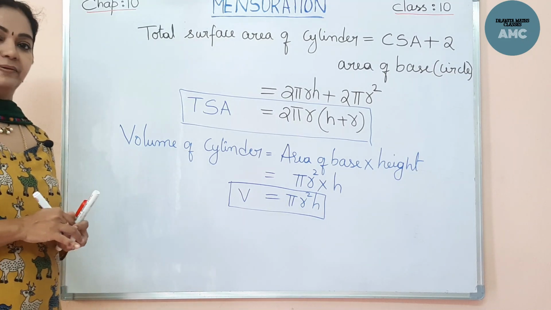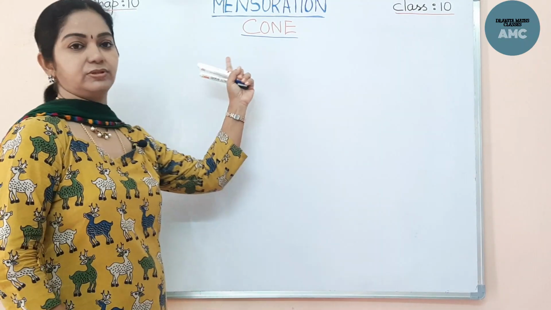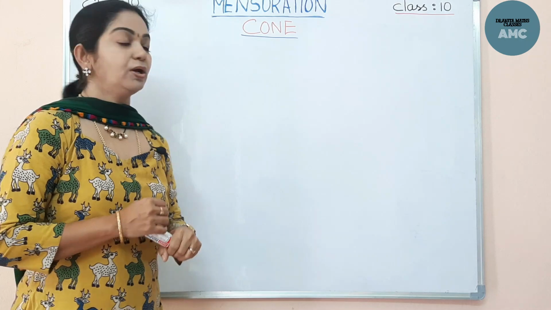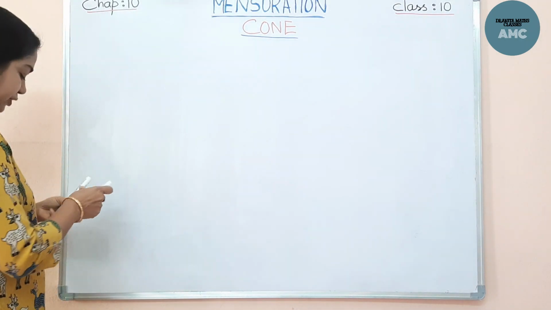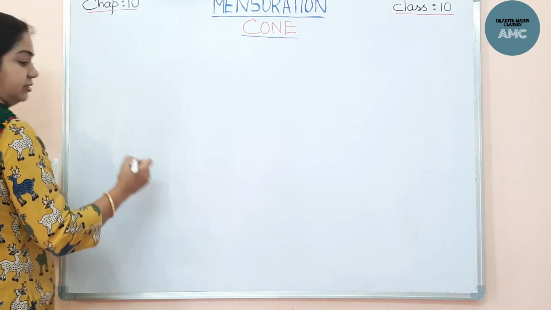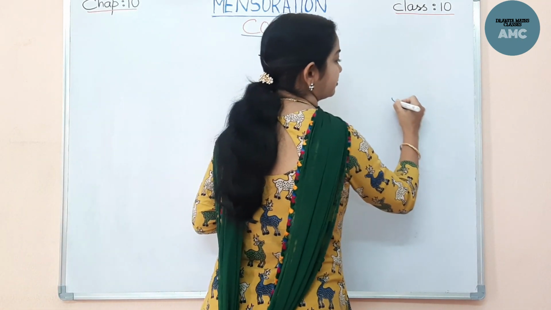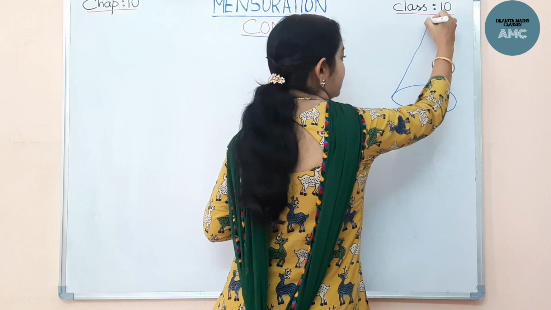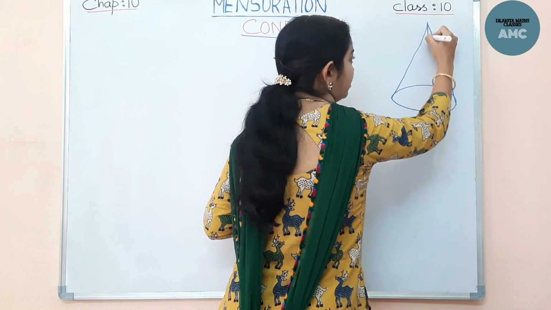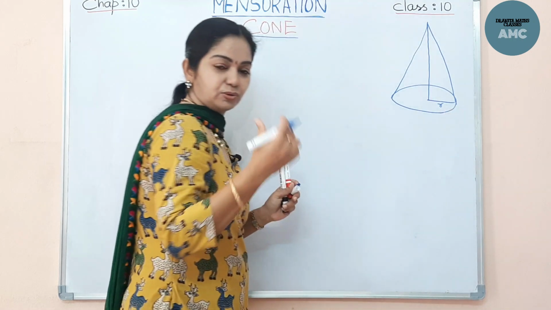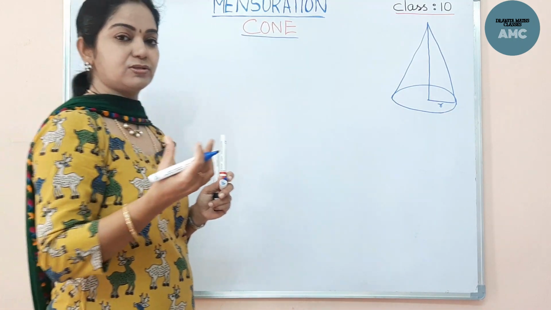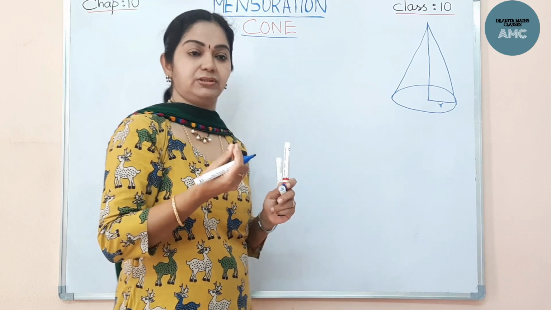Let's see. Now we will find out the surface areas of a cone and the volume of the cone. Now let me draw the cone here. This is the shape of a cone. Examples of a cone are a joker's cap, as I told you, and the ice cream cones which you eat.